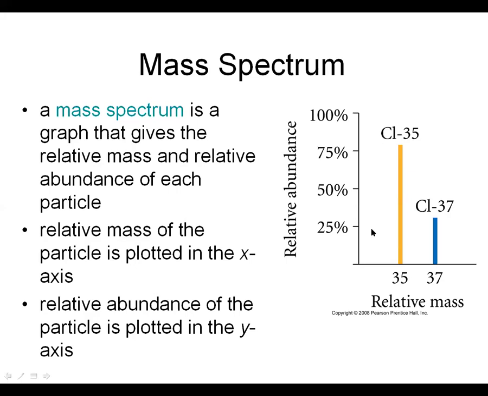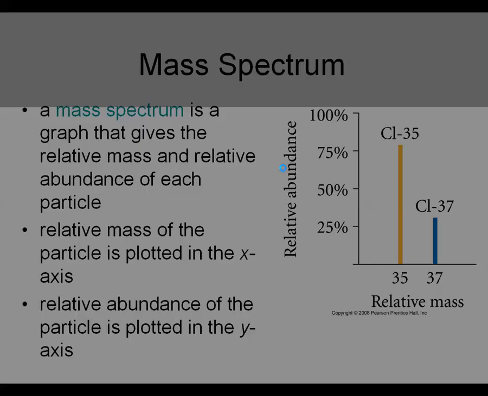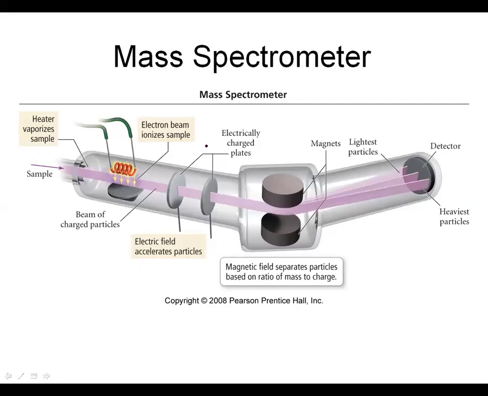I think I might even have a better picture here, perhaps. Let's see here. There it is. So this is the process of mass spec. Again, you send your sample through, it gets heated up, or ionized, and it goes through an electrical field component and then also a magnetic field component.